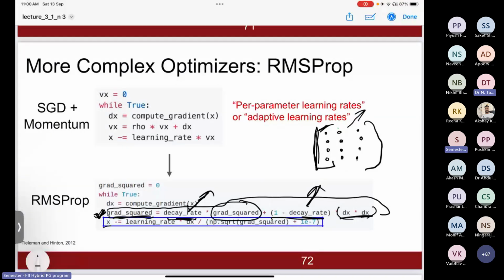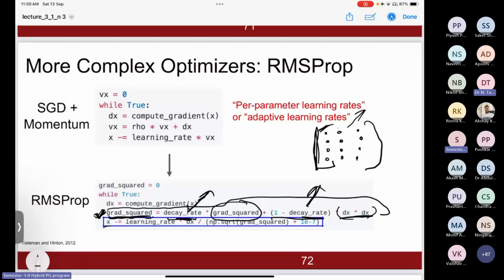In the previous case we were getting the average of the past gradient. Now here we are getting the average of the square of the previous gradient. We are working in the square space instead of the original space.